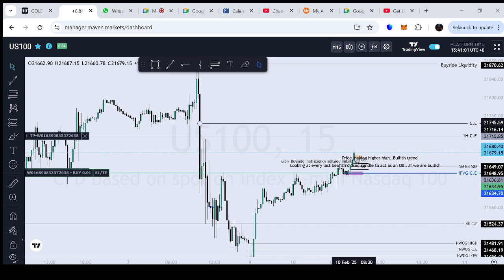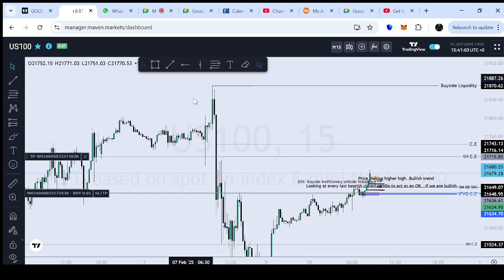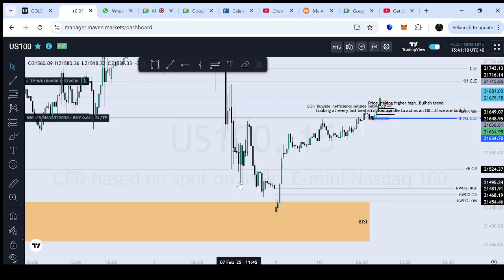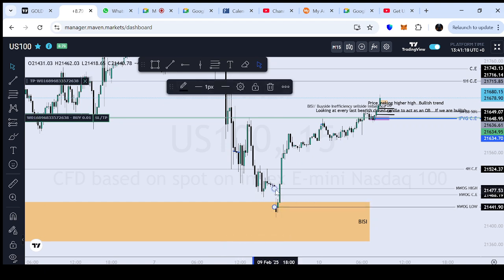Going into 9:30 opening price, we have buy side liquidity resting above here. That's the high of Friday. We have taken the low of Friday on opening price. Here is the opening price, the new week opening price. That's the gap. And price traded above it and violated it.